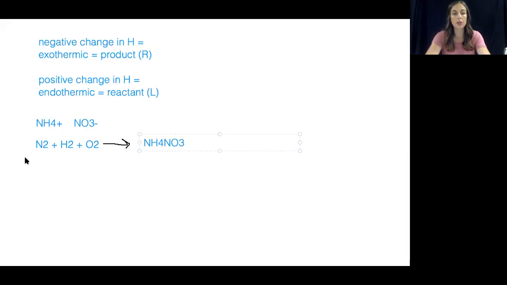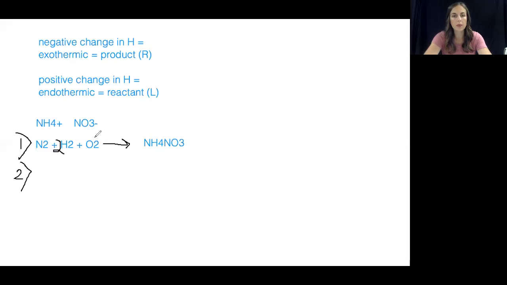Now, step 2, balance it. So this was step 1, writing my equation. Step 2 is going to be to balance it. All right, let's see what we have here. I have 2 nitrogens here, and I have 2 nitrogens here, so we're good with that. I have 2 hydrogens and 4 hydrogens, so I'm going to add a 2.